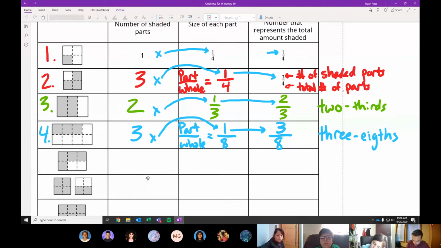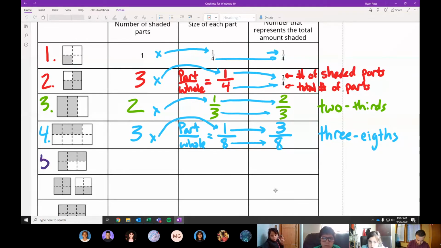And do you also see how this bottom number here, this 4, just carries on over? 4 carries over, 3 carries over, 8 carries over. Do you see this pattern here? You're multiplying the number on top by the amount that is shaded to get your top, and then you carry the bottom number over.